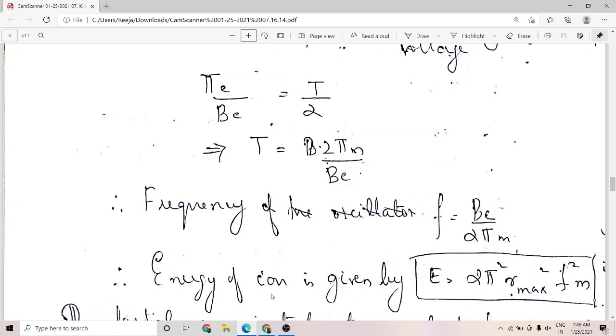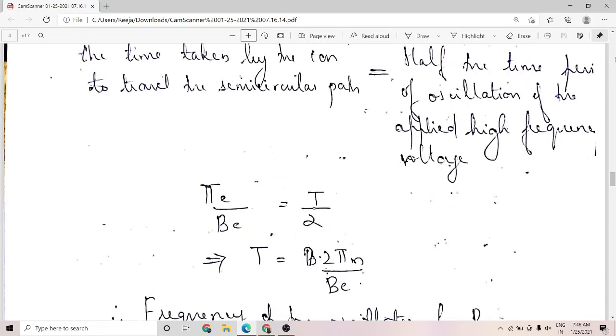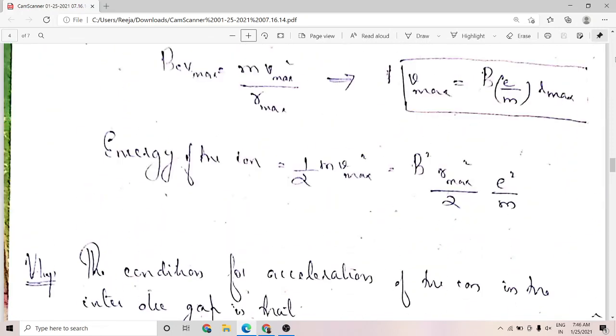Now I write the energy of the ion in terms of the frequency. We had already written down an expression for the energy of the ion: E is equal to half m v max square, which is equal to B square R max square e square by 2m.